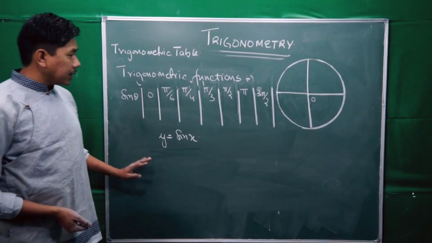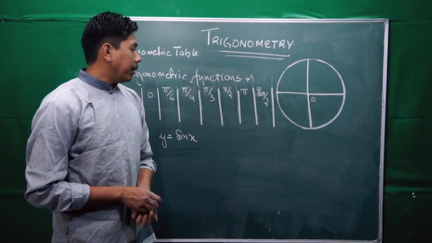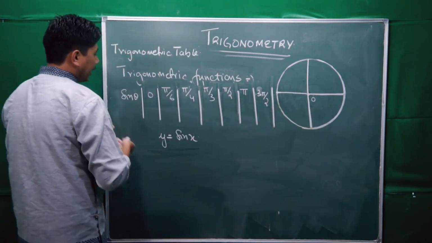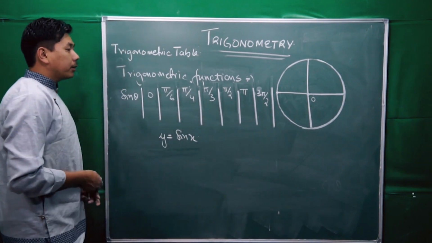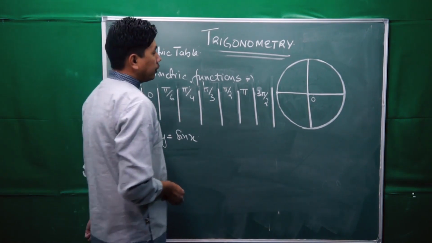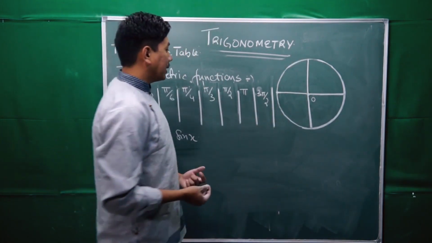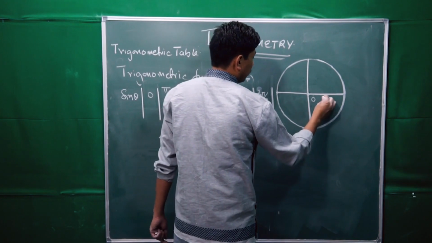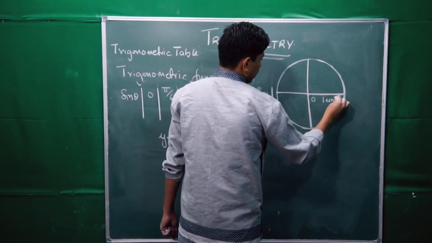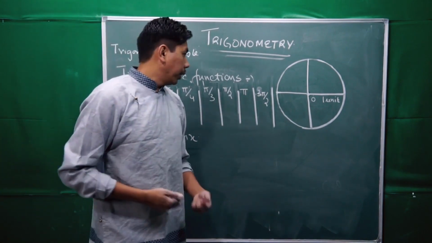To understand this, we have a basic circular diagram. All right, and with this diagram I'm going to show how sine ratios come about and how they can be represented. All right, so the first thing that you need to know is it's a circle whose radius is a unit, 1 unit. Okay, the length of the radius is 1 unit.